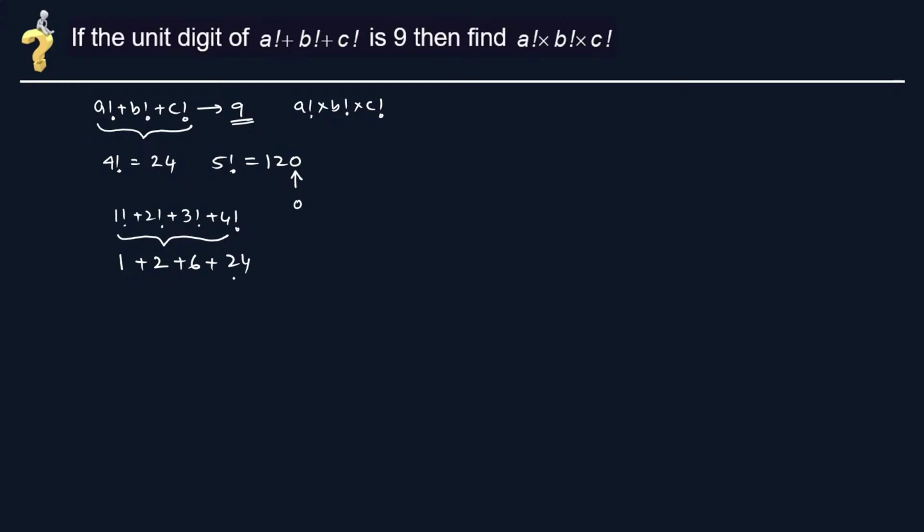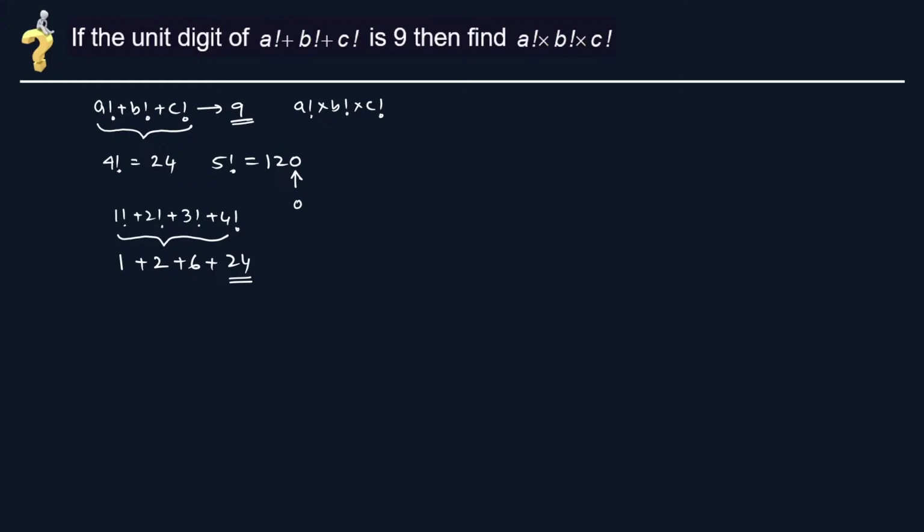Under any circumstances, if you take factorial 4 into your consideration, that is, if any one value of a, b, c becomes 4, then the sum of factorial a plus factorial b plus factorial c will never give us a unit digit equal to 9.